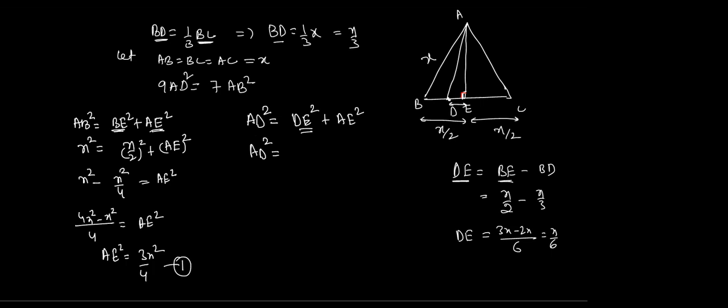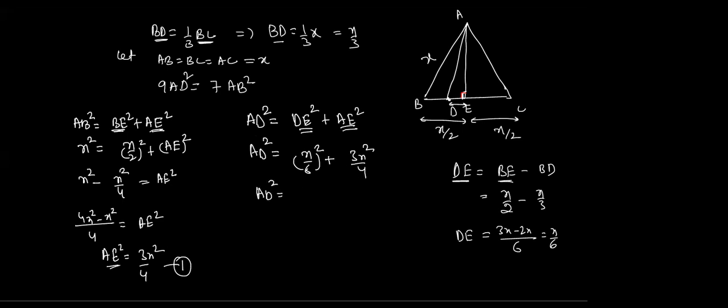The value of DE square is x by 6 square plus AE square. The value of AE square is from this one, 3x square by 4. But it is already AE square, so don't square it again. So we have to write it this way.